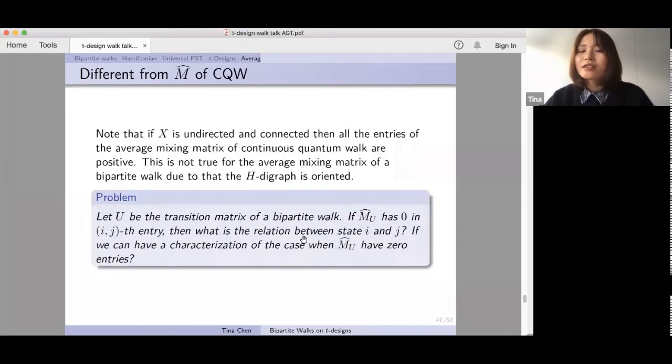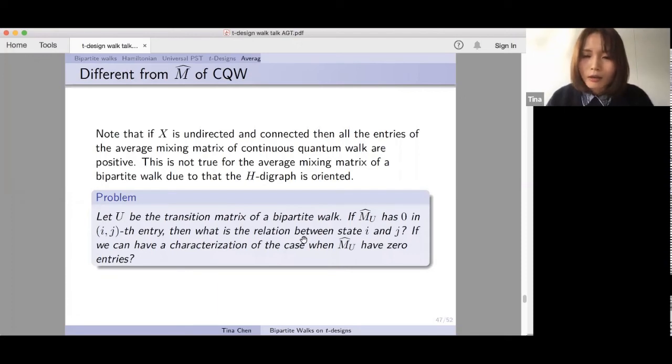But actually there is at least one difference. We know that if a graph is undirected and connected, then all the entries of the average mixing matrix of a continuous walk will be positive. But that is not true for the average mixing matrix of a bipartite walk.